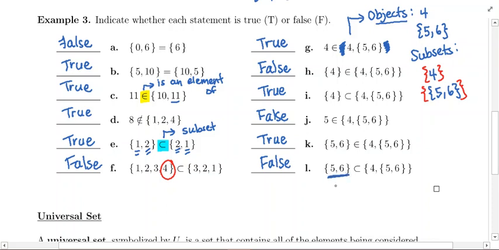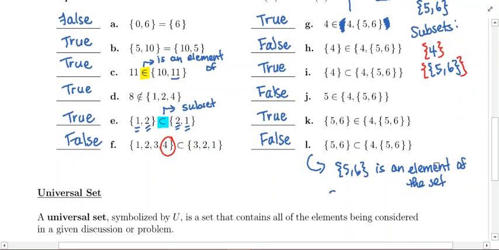As it's written, this is an element of the set. Let me clarify this. I'll put some notes down here. The set 5, 6 is an element of the set. But if you were talking subset, look where my little cursor is. You would have to put an additional set of braces around it.